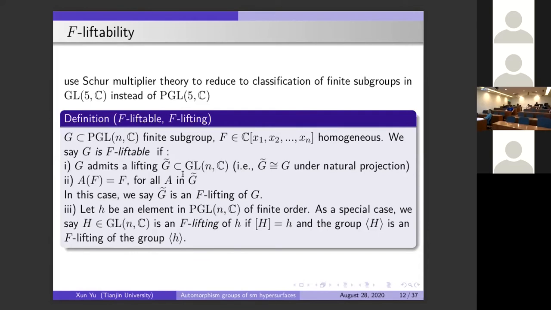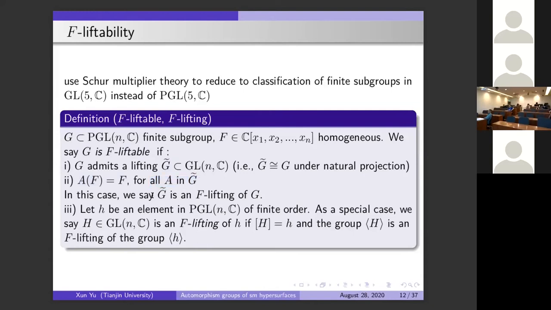The definition is just like the following. Suppose you have a finite group G in PGL, and you have a polynomial F. We say the group G is F-liftable if G admits a lifting G tilde to GL, and moreover AF equals F for all A in this G tilde.